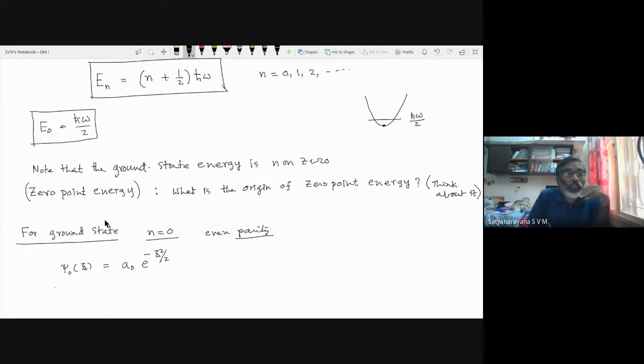The integral from minus infinity to infinity of a0 square e to the minus xi square d xi equals 1, which implies a0 square into root pi is equal to 1, or a0 will be equal to 1 by pi to the power 1 by 4. So this is 1 by pi to the power 1 by 4 into e to the minus xi square by 2.